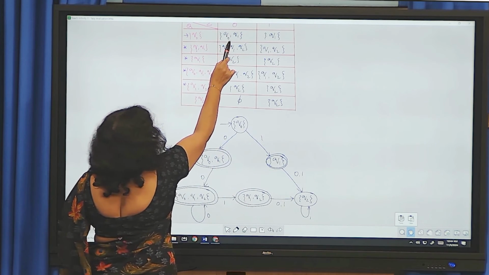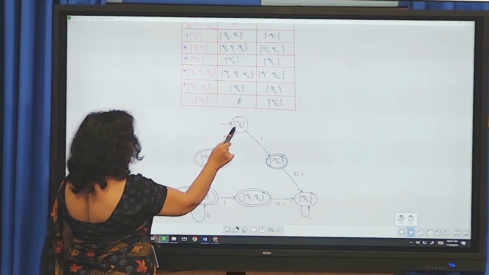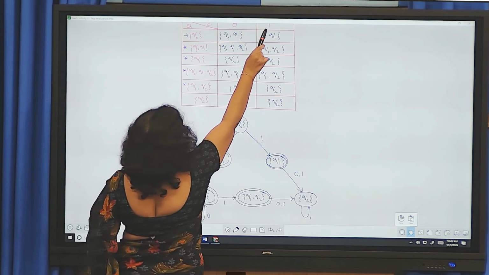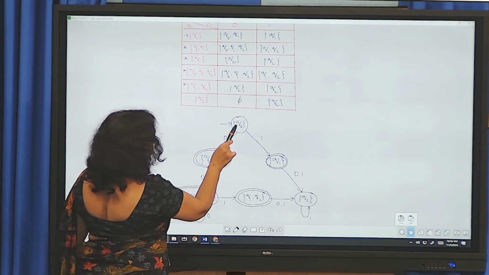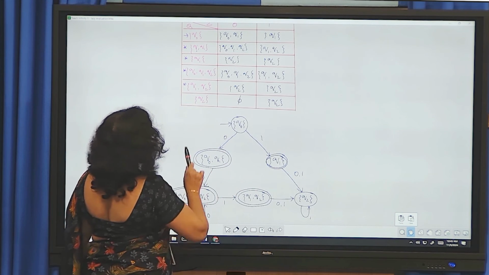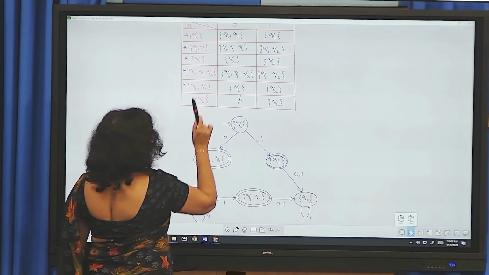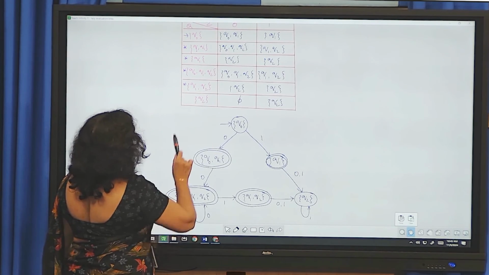Q0 on 0 goes to Q0 Q1. Q0 on 1 goes to Q1. Q0 Q1 on 0 goes to Q0 Q1 Q2.